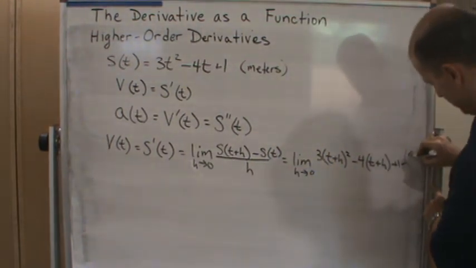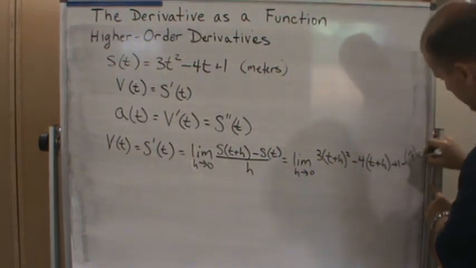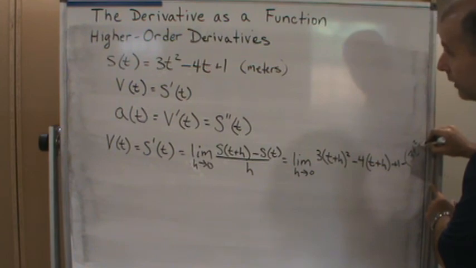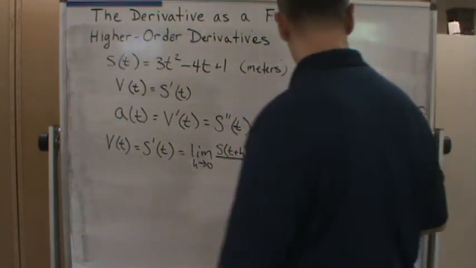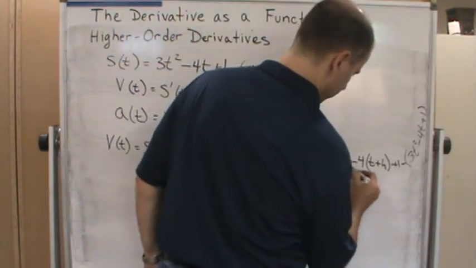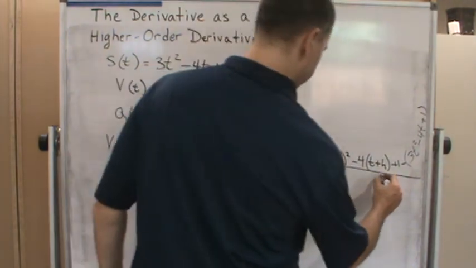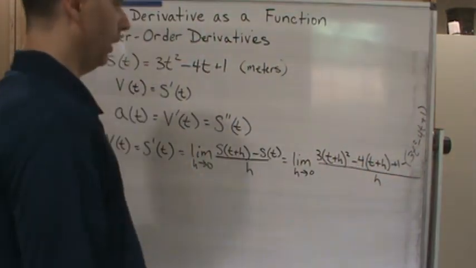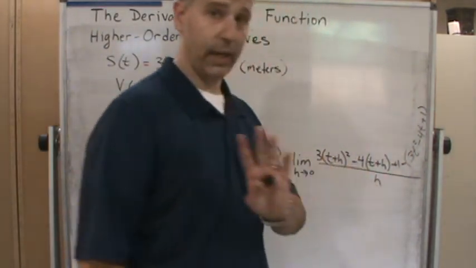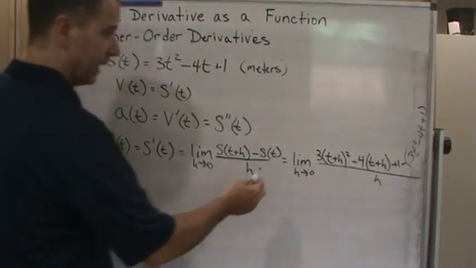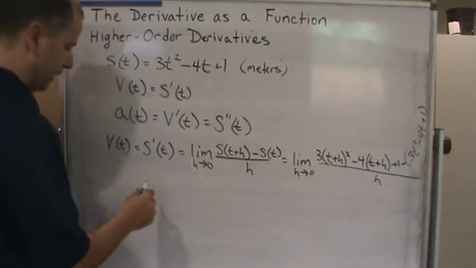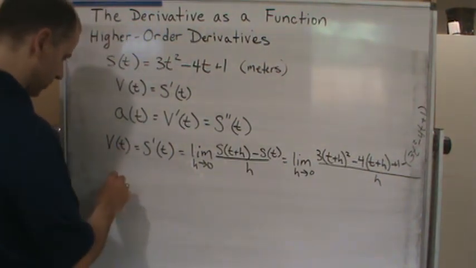I'm going to write this a little weird, so sorry. So 3t squared minus 4t plus 1. Sorry, I'm running out of room here. Over h. Okay, now I'm going to simplify this. So again, be careful. Make sure you're doing this on your own. See if you get the right answer.